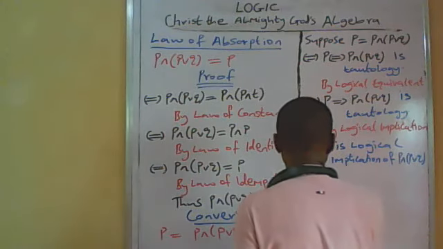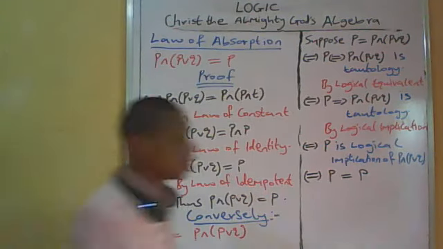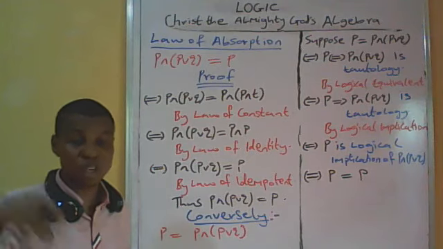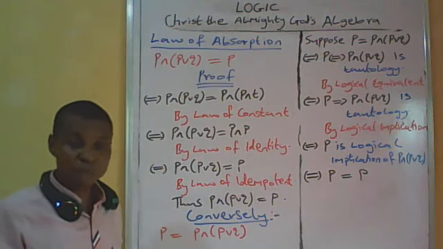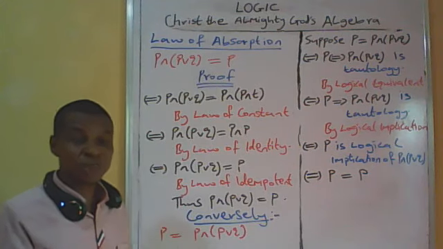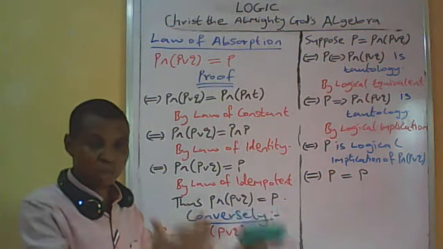So if and only if P is equal to P. That means P is equal to itself. The logical equivalence is equal to itself, and it is true in the sense that whenever the left-hand side of the logical implication is true, the right-hand side is also true.